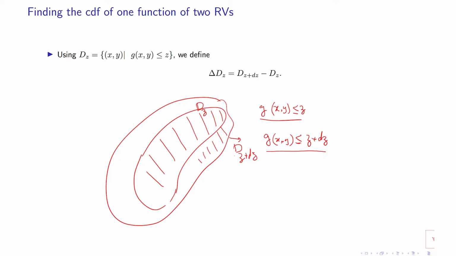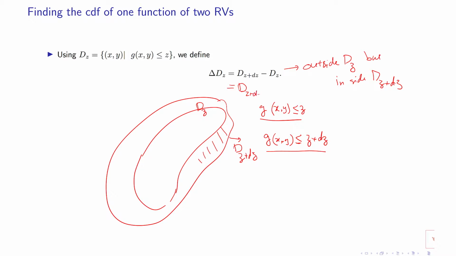So the difference between the two is going to be outside Dz but inside D of z plus dz. Basically, this is the difference of the two sets and is also equal to D of z plus dz intersected with the complement of Dz.